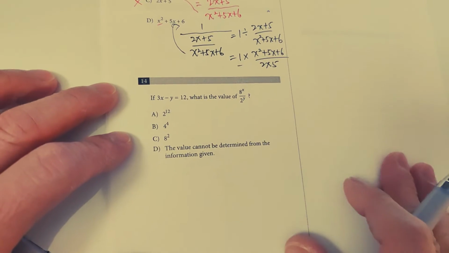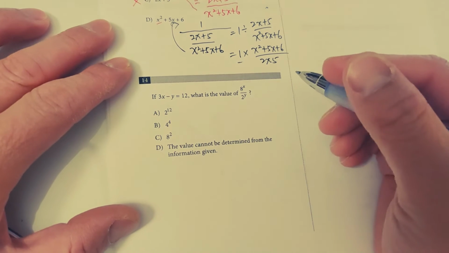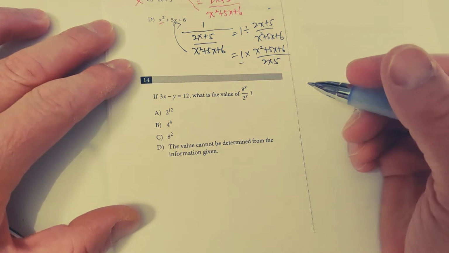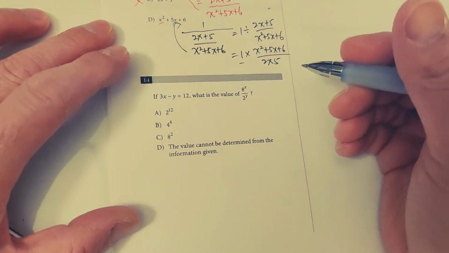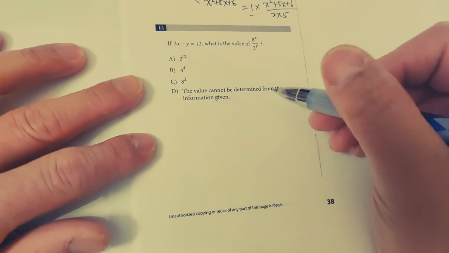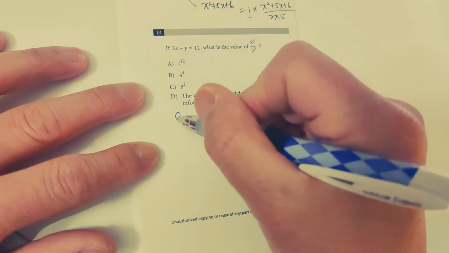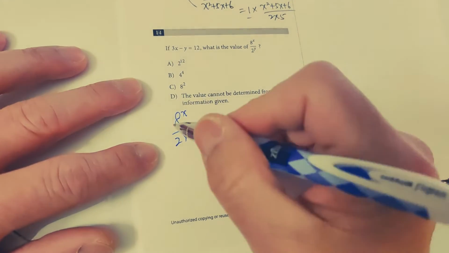Let's just move on to question 14. It says if 3x minus y equals 12, what is the value of 8 to the power x over 2 to the power y? Okay, to deal with that, let me just write it again: 8 to the x over 2 to the y.